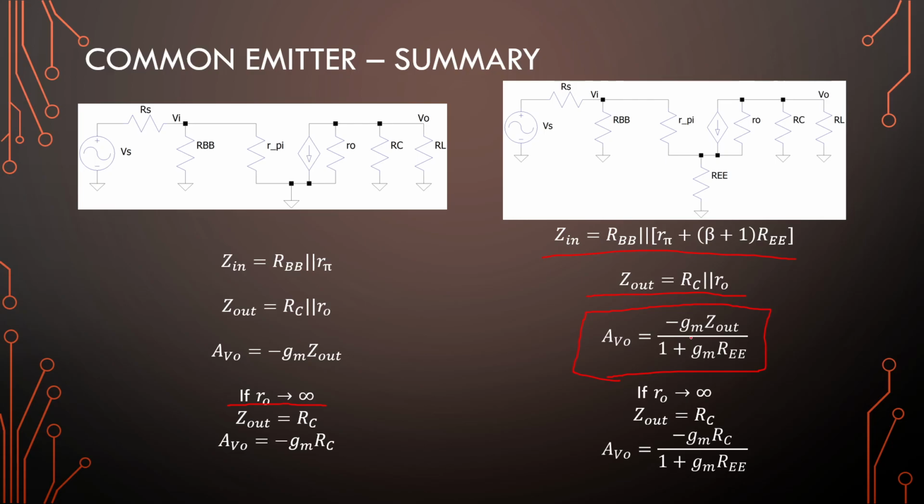Okay, and RBB and RE like this is just to say that if we have parallel combinations or serial combinations here, or just one resistor, that RBB takes the place of that impedance.